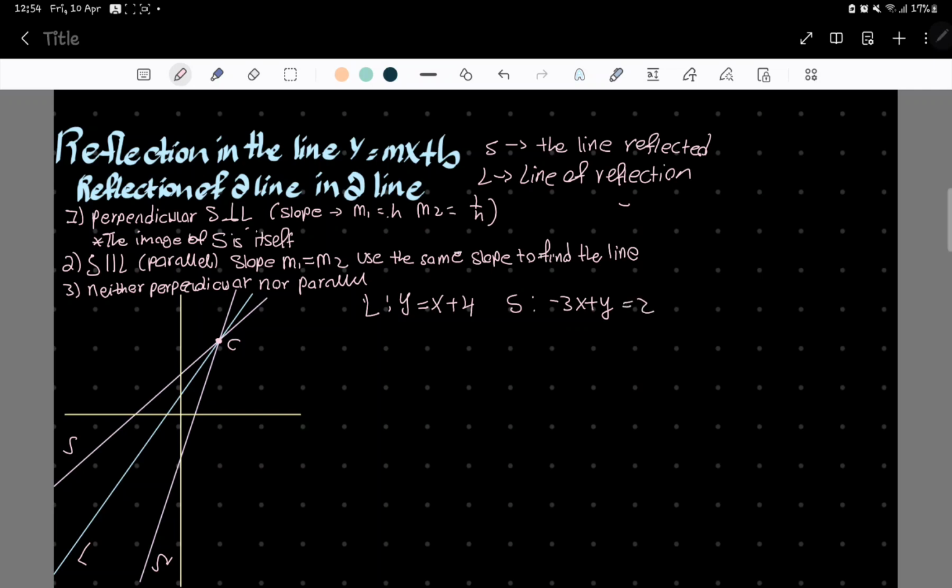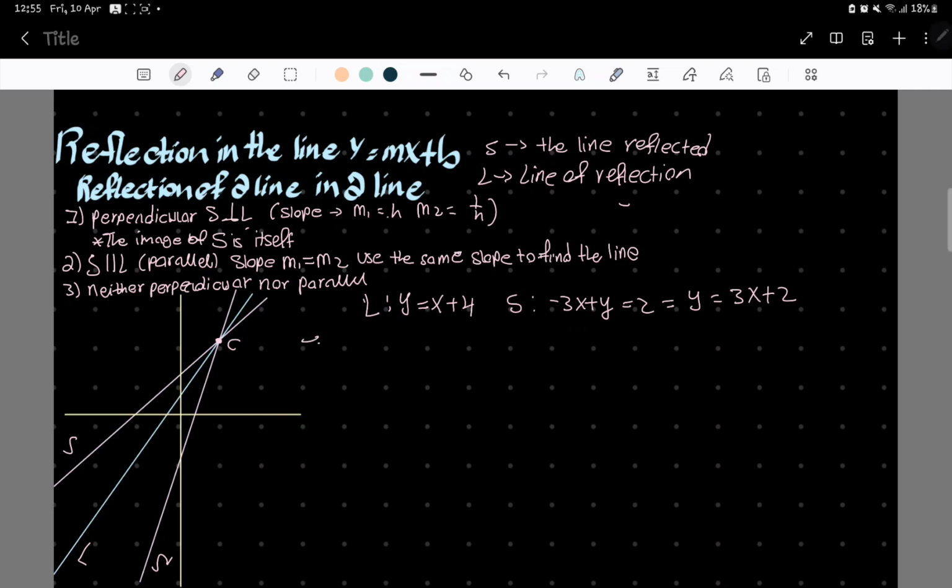So this is what we're dealing with. The first thing we need to do is find the point C. I will explain why later. First, let's rearrange S as y equals 3x plus 2.